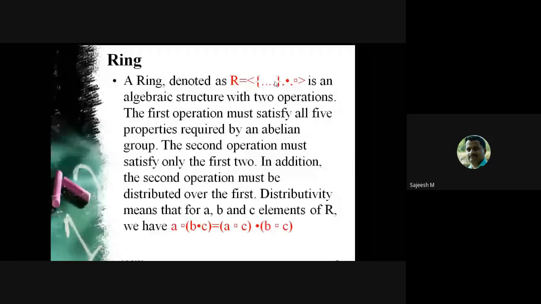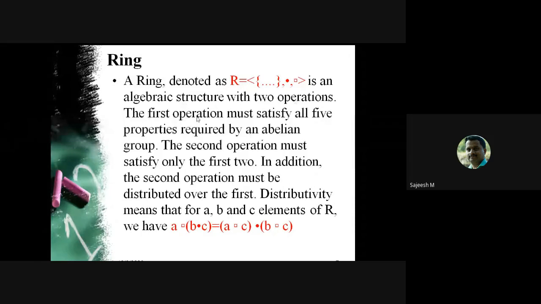You know what is the definition of a set? And two operations, normally represented by a dot and a square. It can be addition, multiplication, like that. A ring is an algebraic structure with a set and two operations.